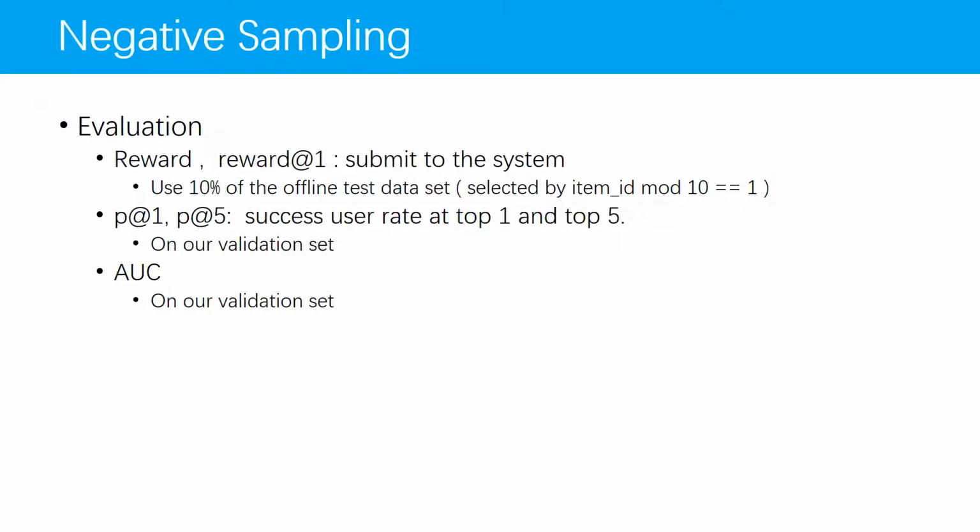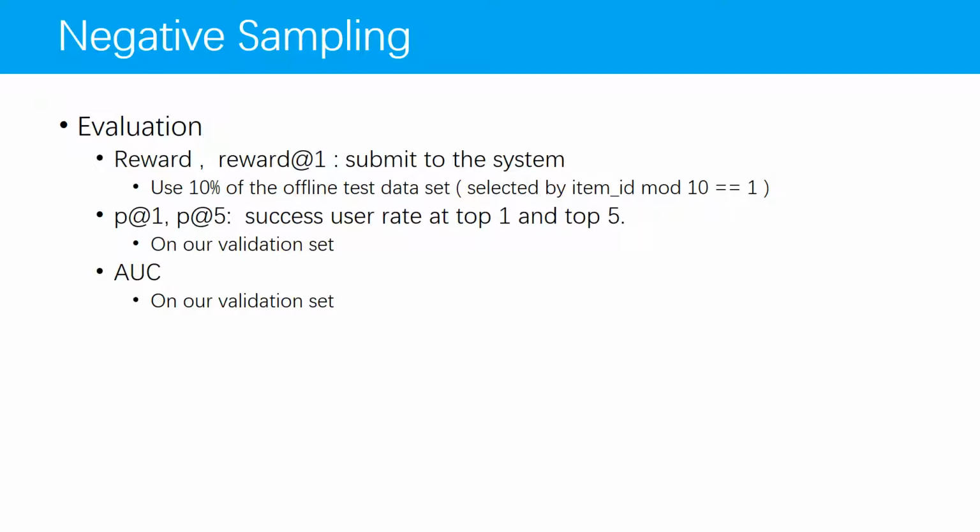To evaluate the performance of different methods, we use the following 5 scores. The first 2 are rewards defined by the organizers. Since at the online stage each target user can receive at most 1 recommended item, we follow this constraint to test the rewards at top 1 prediction. We receive these 2 metrics by submitting a prediction file which covers 10% of the offline datasets.